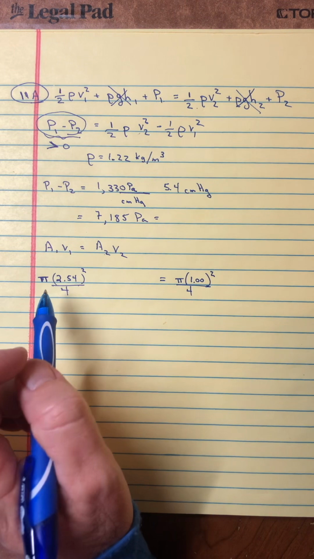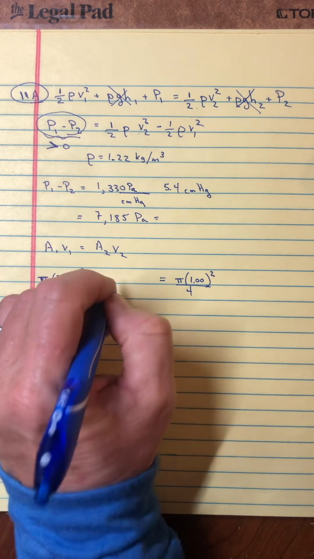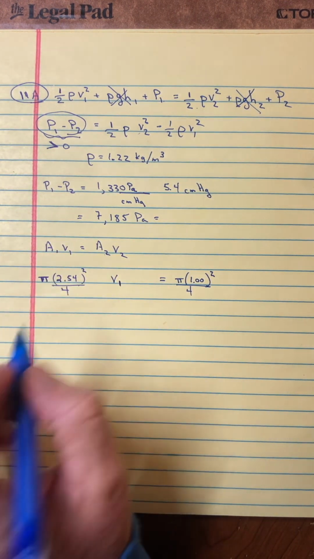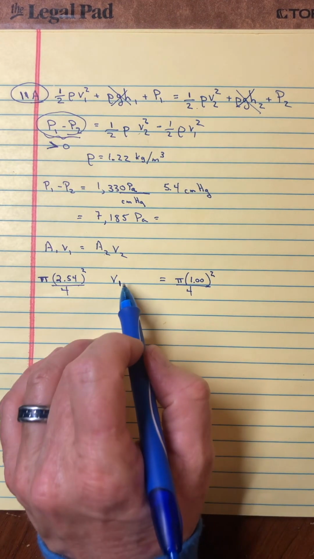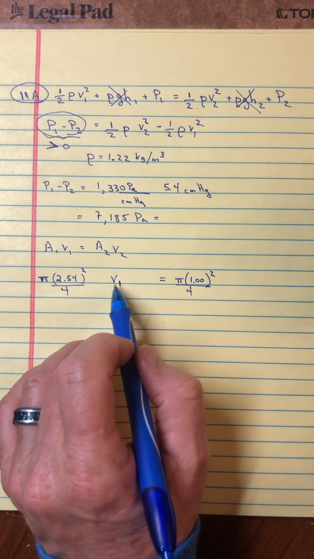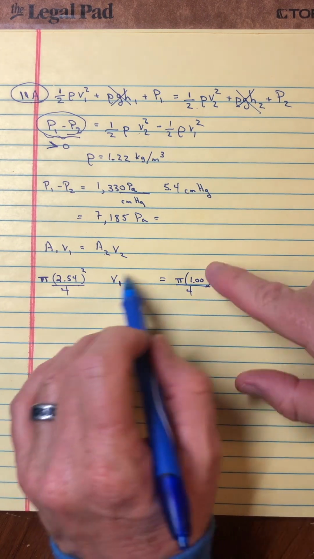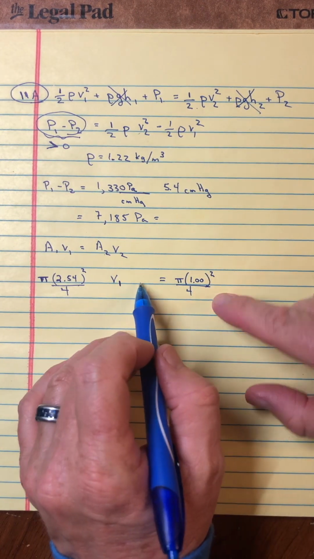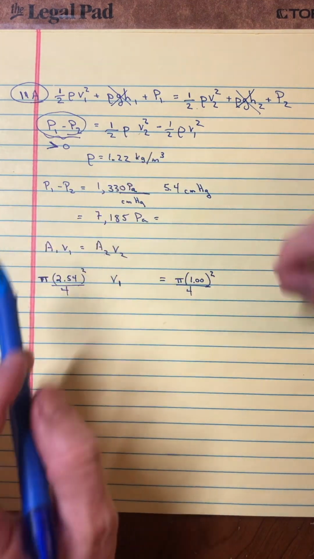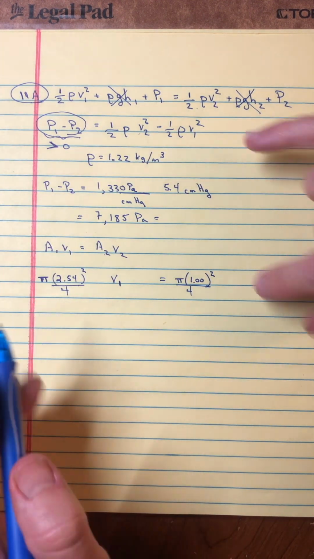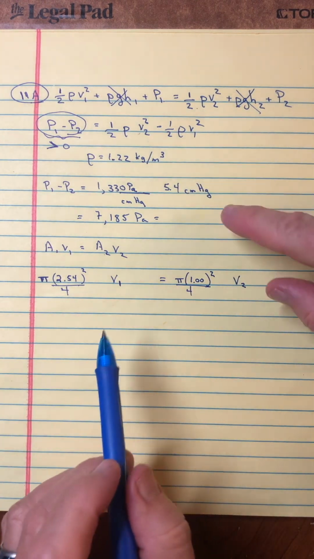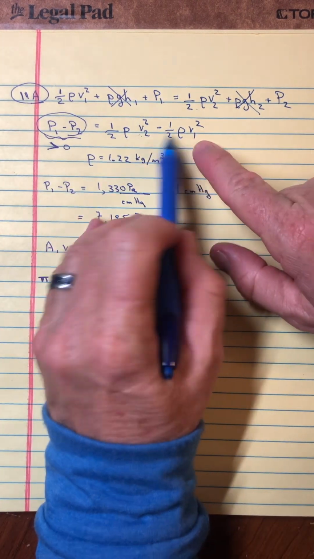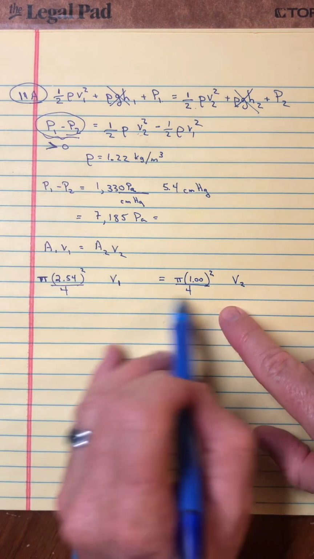Here's the thing, though. I don't know either of these two velocities. But this can give me the velocity of 1 or 2 in relationship to each other, which I can now use back up here. And that's perfect, because now I have 2 unknowns in this one, V1 and V2, and 2 unknowns in this one, V1 and V2.